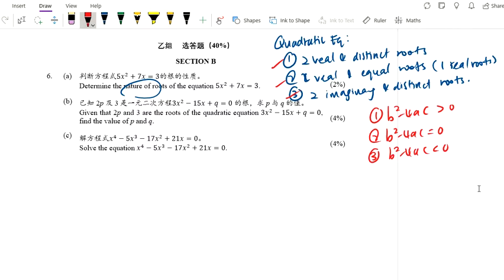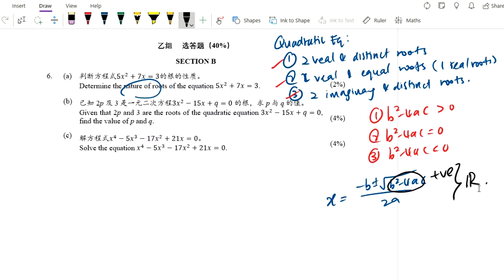So the simple explanation for this is because in your quadratic equation formula, you have x equals to negative b plus minus square root b squared minus 4ac over 2a, right? So if this is positive, means the number here is a real number.